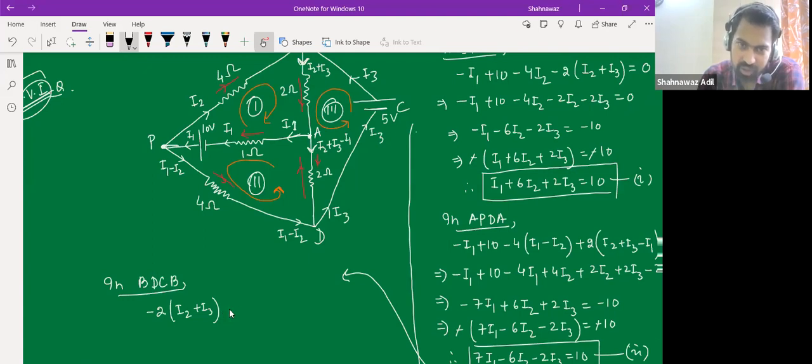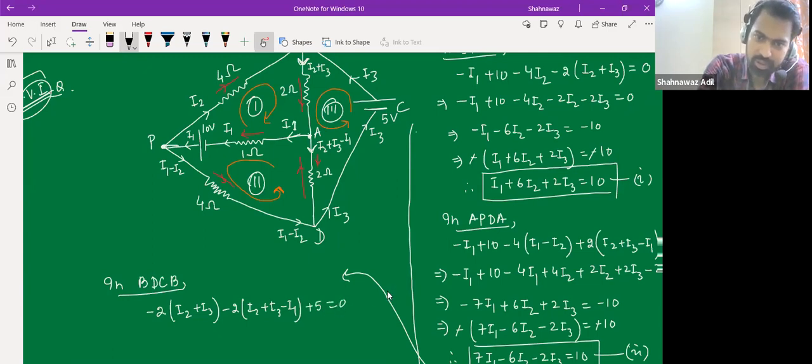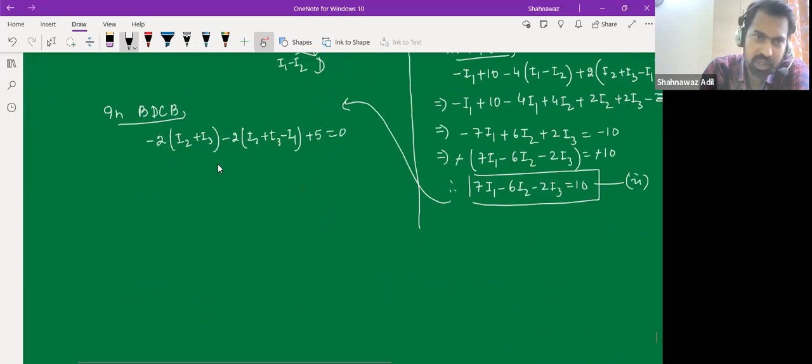Minus 2 into I2 plus I3 minus I1. And then the last, so this would be how? Plus 5. Absolutely. So all the circuit is completed, right?